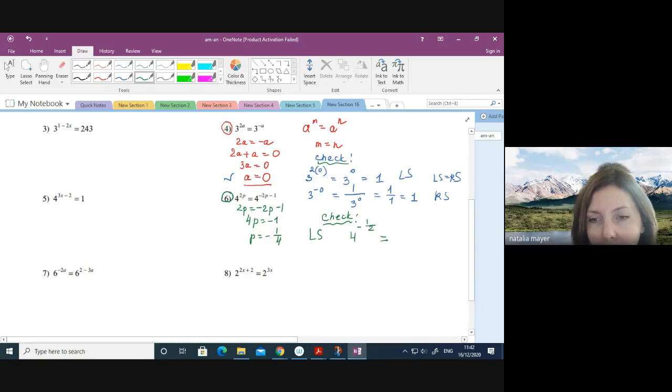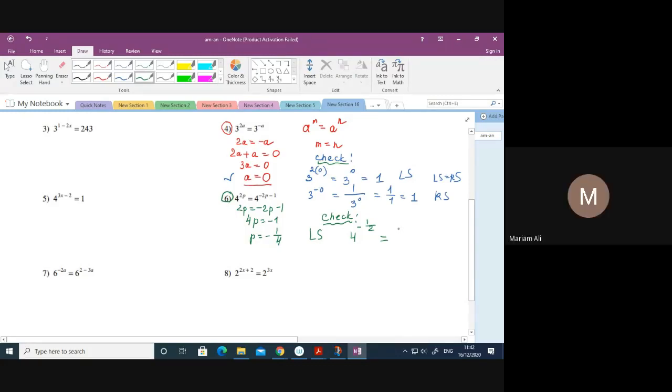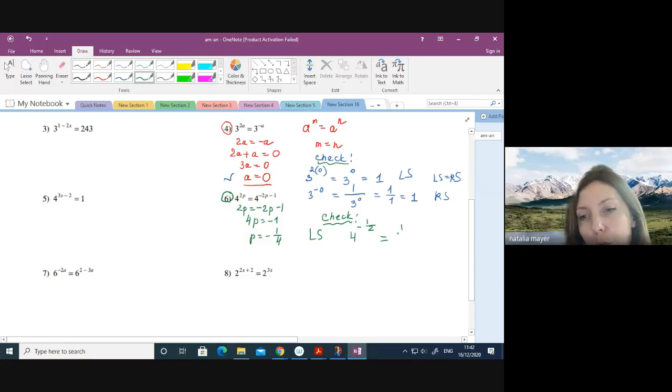Who else? How can I get rid of this negative exponent? 1 over 4 to the power of 1 over 2. Yes, so 1 over 4 to the power of 1 over 2, which is 1 over the square root of 4.